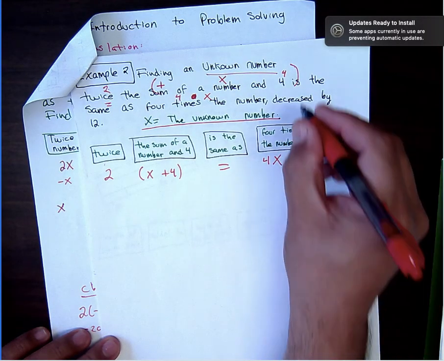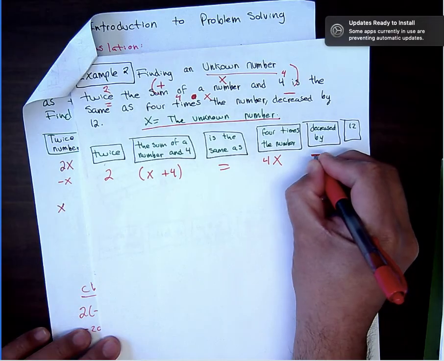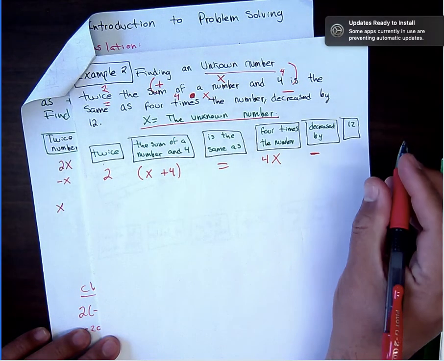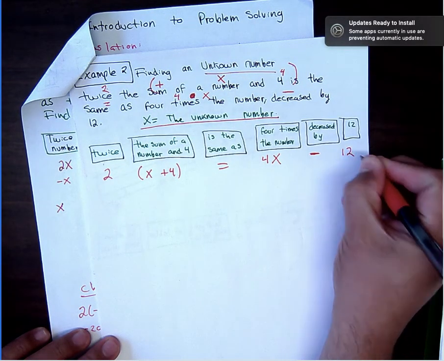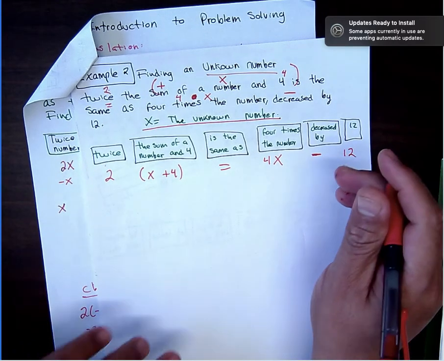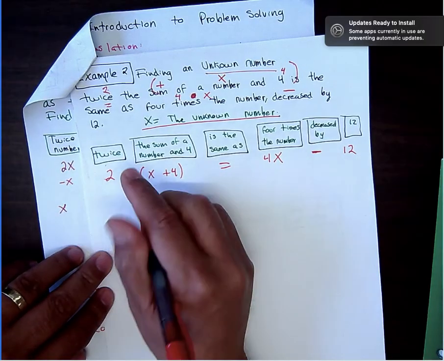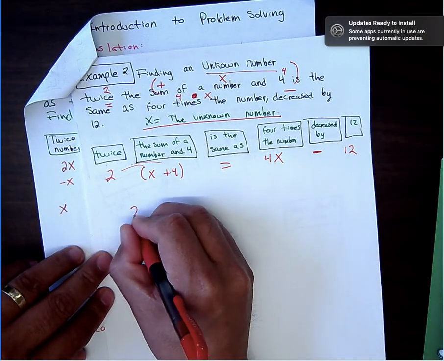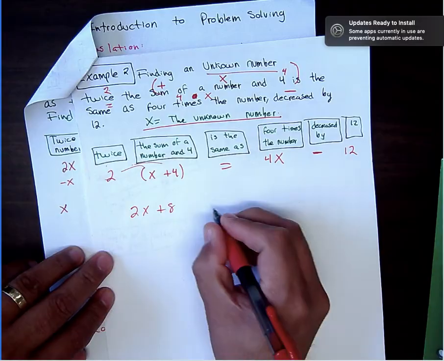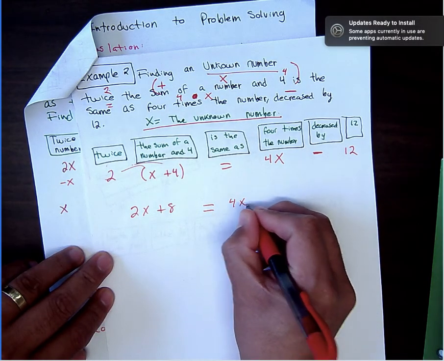So decrease means subtraction. So here we solve for x, so distribute this, so 2x plus 8 equals 4x minus 12.